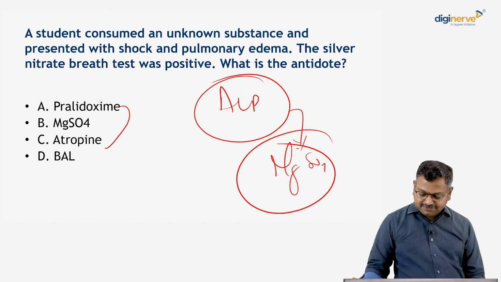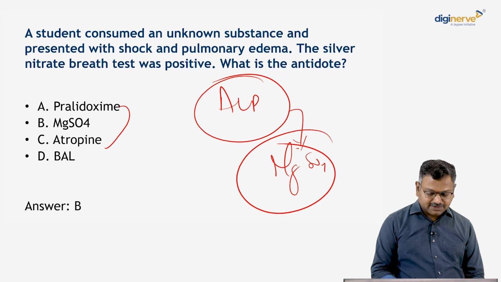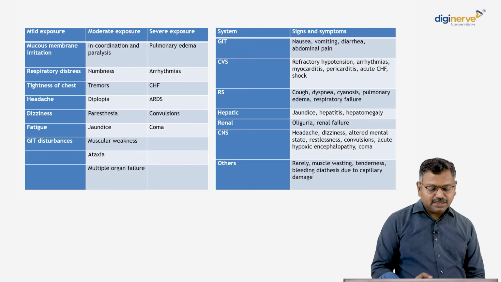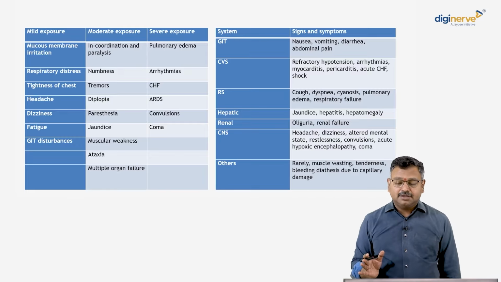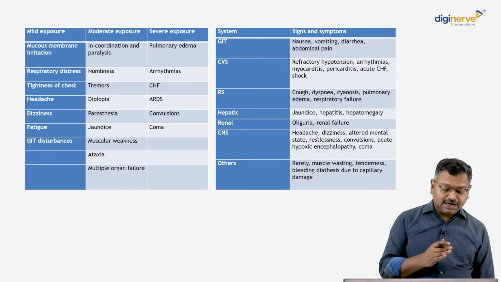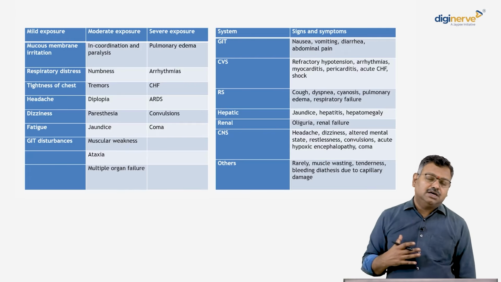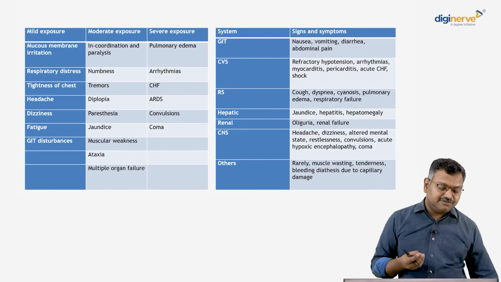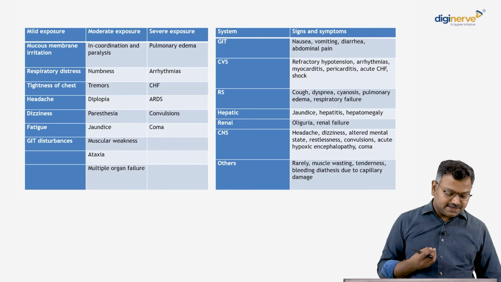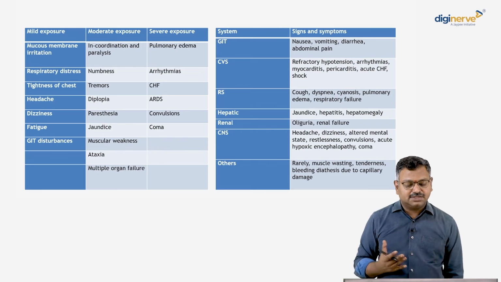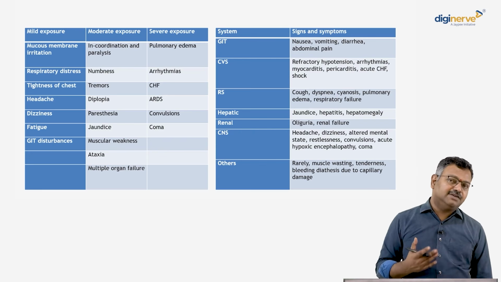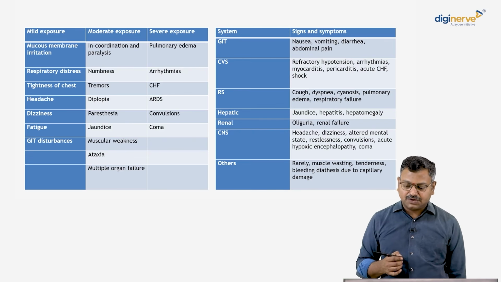So, magnesium sulfate can reduce the organ toxicity that can happen because of that. If you look at the side effects of the patients who are developing aluminum phosphide toxicity, in mild exposure, it's only the mucous membrane defect, mild respiratory distress, etc. As it becomes moderate, they can have neurological toxicity. In severe, they may have heart failure, pulmonary edema, convulsions also.